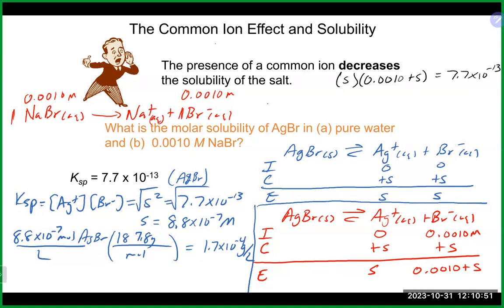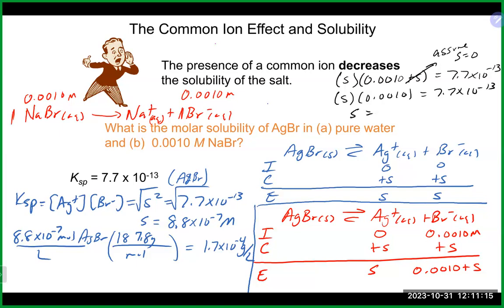It's a small value of K, which, as we know, means we're not going to have a tremendous amount of change, which means we can assume S is equal to 0 in this case, which why not? It will make it easier, I hope. That means that will give us S times 0.001 is equal to 7.7 times 10 to the minus 13.